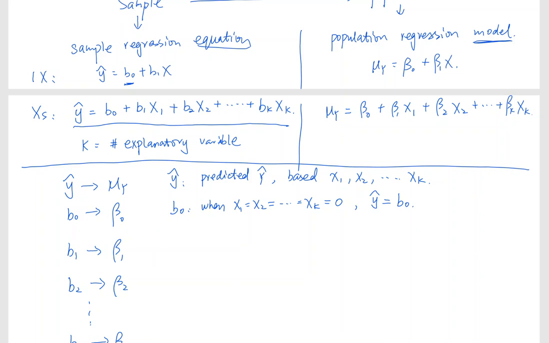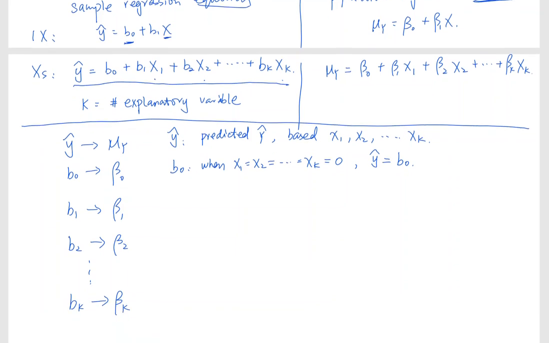In the simple regression, we only need to take care of one explanatory variable, one x. But in the multiple regression, we need to take care of all the explanatory variables. Alright, so now let's think about how to interpret B1.